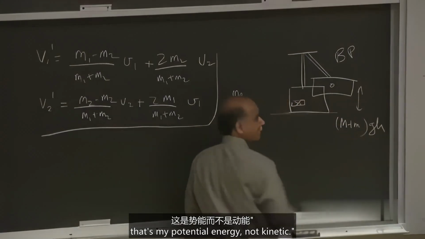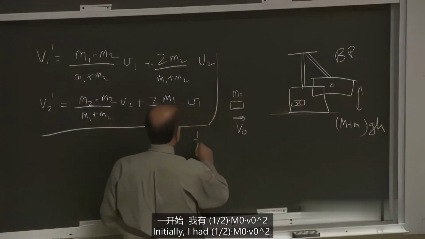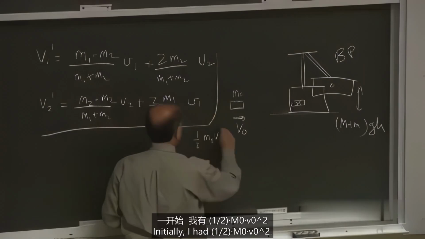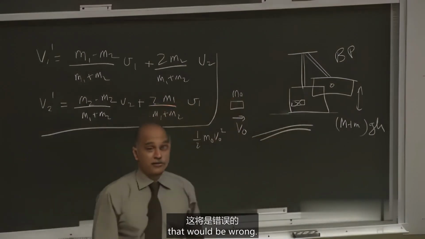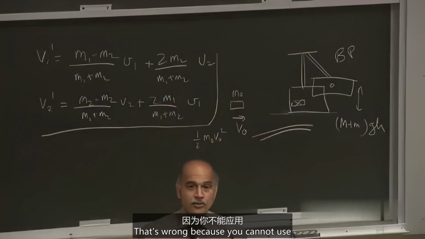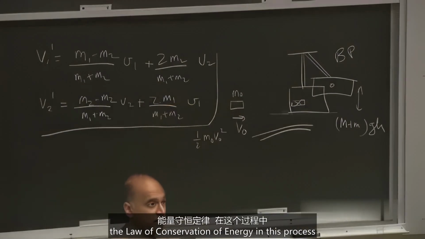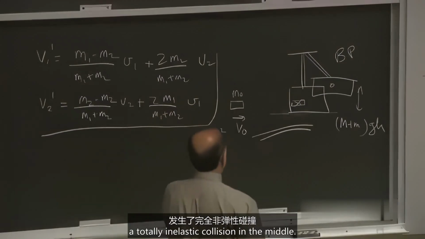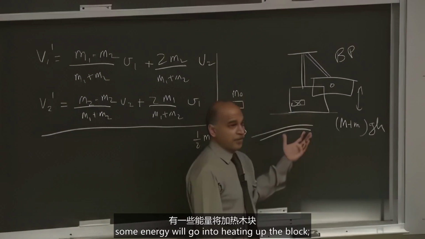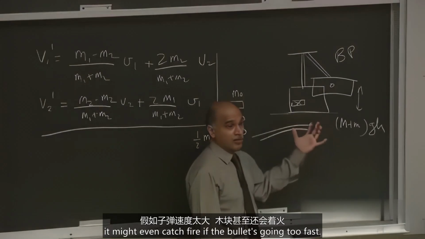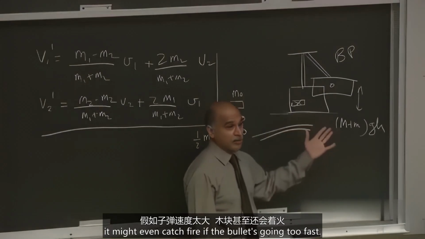That's my potential energy, no kinetic. Initially, I had 1/2 m v0 squared. I equate these two, and I find v0. That would be wrong, because you cannot use the law of conservation of energy in this process when there's a totally inelastic collision in the middle. Because what will happen is some energy will go into heating up the block.